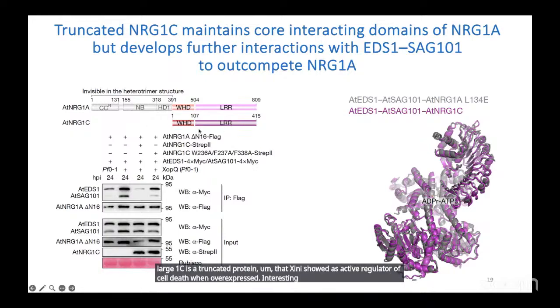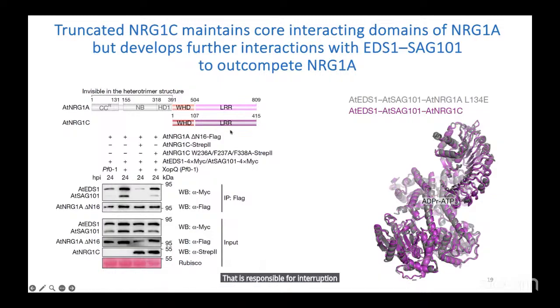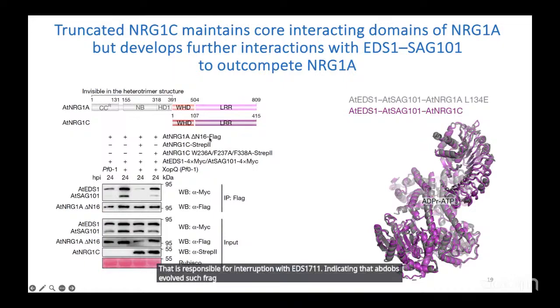Interestingly, NRG1C contains exactly the WHD plus LRR region of NRG1A that is responsible for interaction with EDS1, SAG101, indicating that Arabidopsis evolved such a fragment of NRG1C with the core interacting domains of NRG1A to sequester EDS1, SAG101.